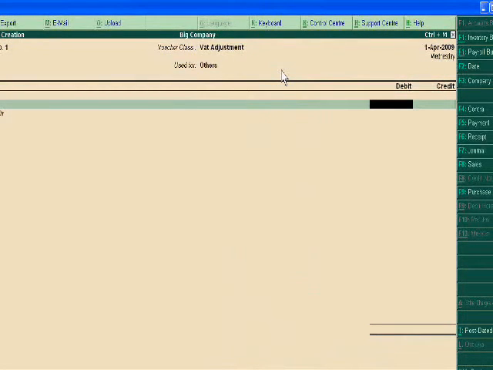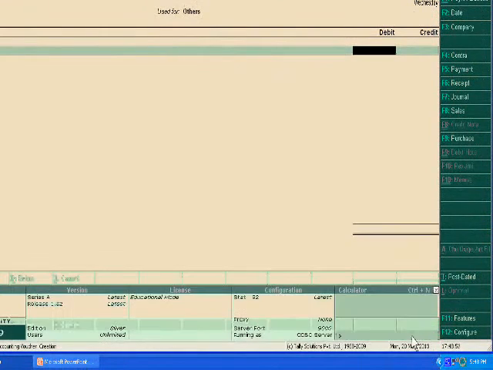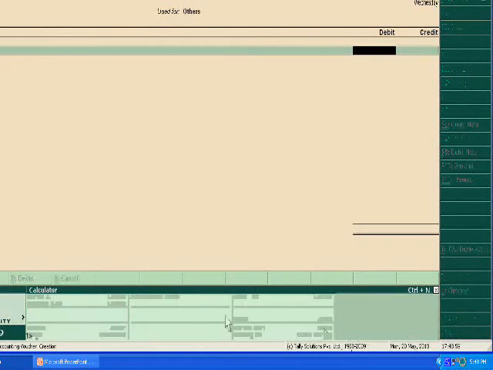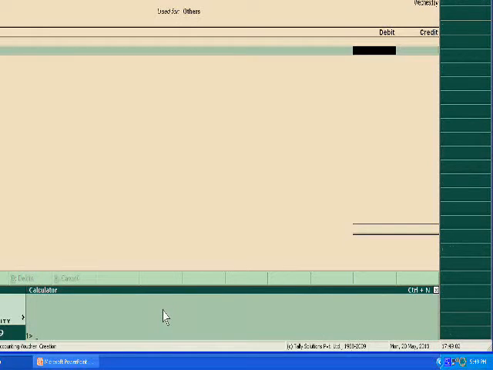I am just using the calculator, and this is the total amount 1000, and its 1% is 10, and all input VAT is 40, and this is a total of 50, and its 10% surcharge is 5.